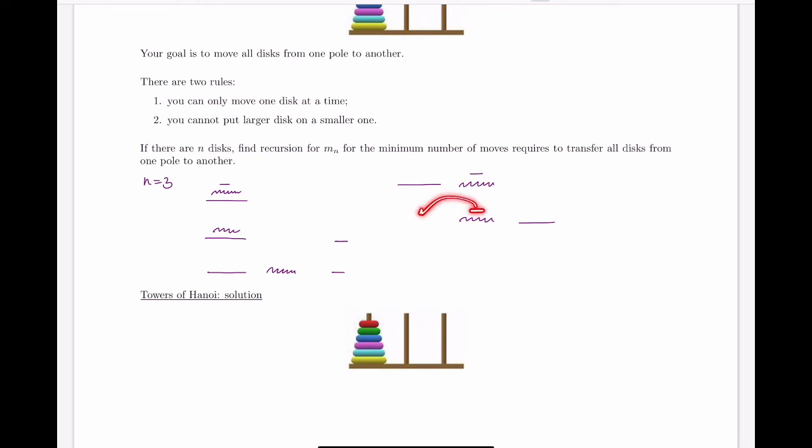So the little one will have to hop off to the side here, and then I'm in this picture. Next up, I'm going to have the second largest move on to the biggest one. So this means that my middle pole is now going to be empty. So the smallest disk is going to stay over here. And then my last move is to plop the smallest on top of the existing tower, and I'm done.